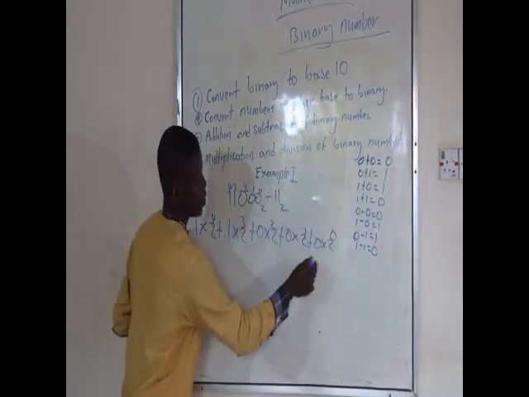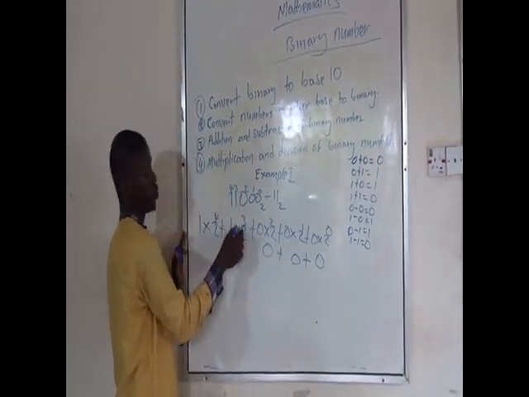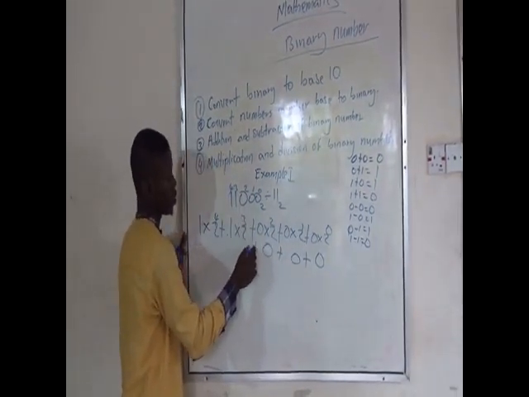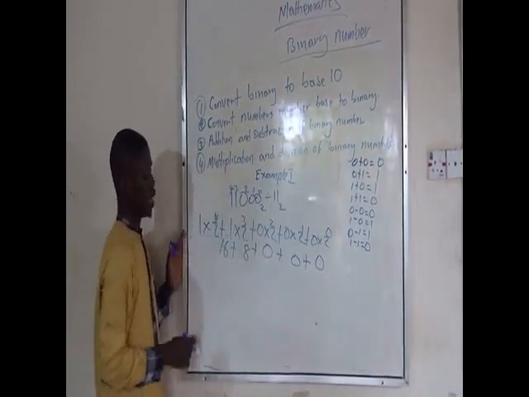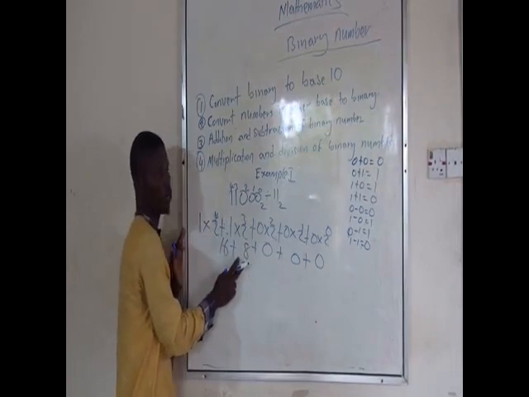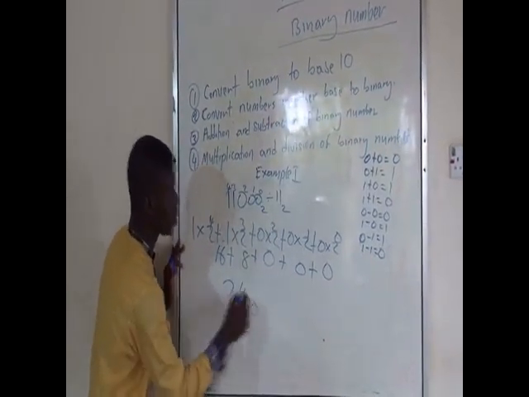The zero terms are already 0. 2 raised to power 3 is 8, and 2 raised to power 4 is 16. Then we add. 16 plus 8 gives us 24. I have 24 in base 10.